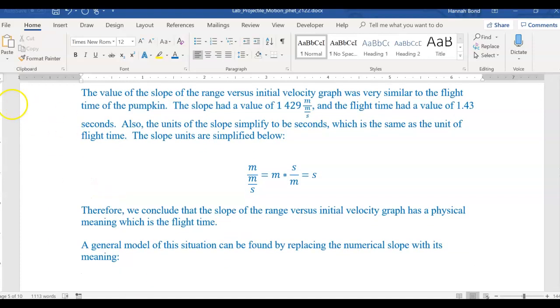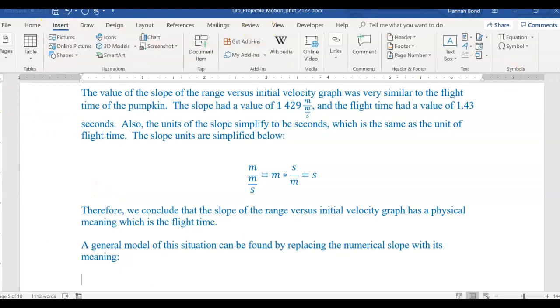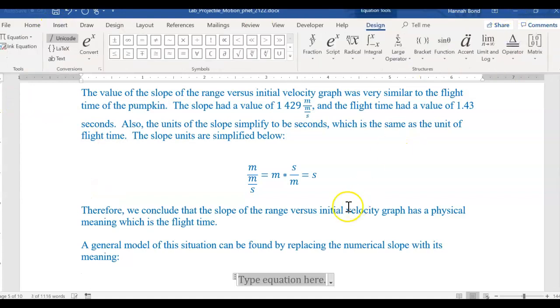So in our physics equation, we said that the range equaled the slope times the initial velocity. Well, our slope is now the flight time, which is like the elapsed time, times the initial velocity.